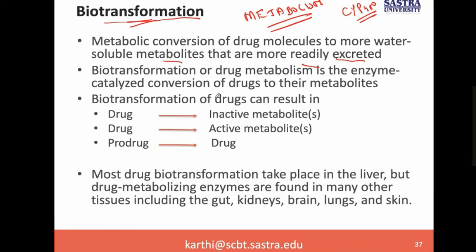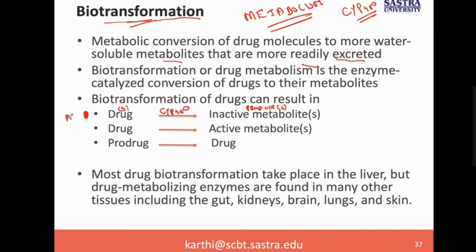There may be three situations during the process of biotransformation. So we have the original drug molecule. Say the drug molecule binds to some cytochrome P450 enzyme, which converts the substrate molecule, the drug molecule, into some product or products. Most of the time, products.